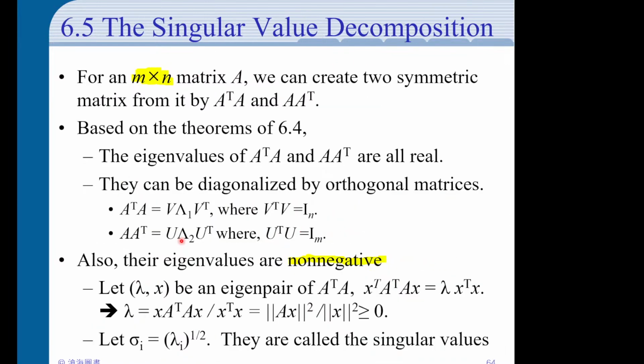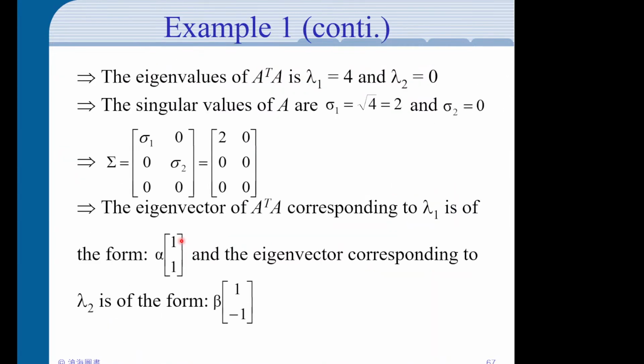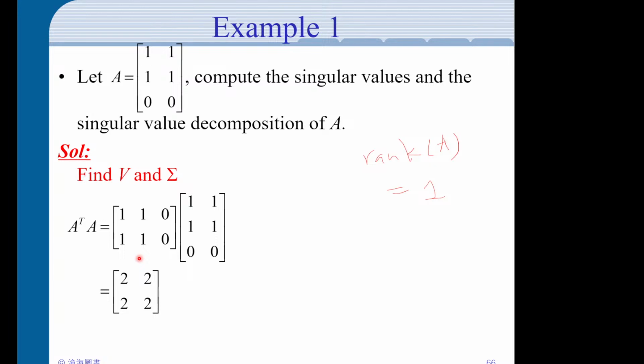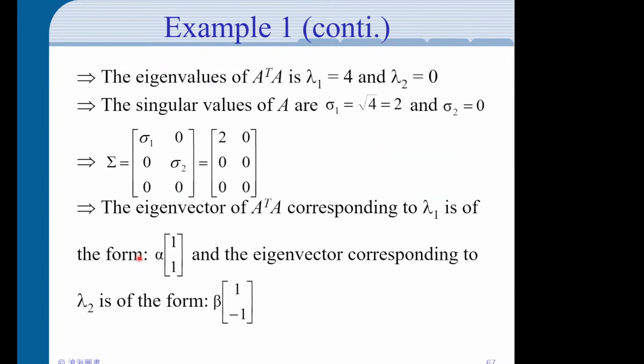The V we can find, since we already have ATA here. V will have one eigenvector corresponding to lambda 1, 4, and another vector corresponding to lambda 2, 0. The result of this is (1, 1) and (1, -1).